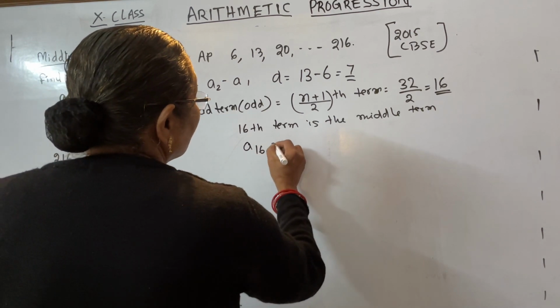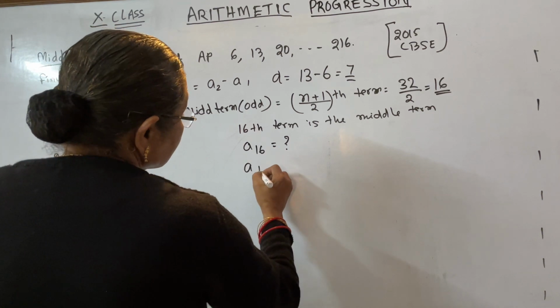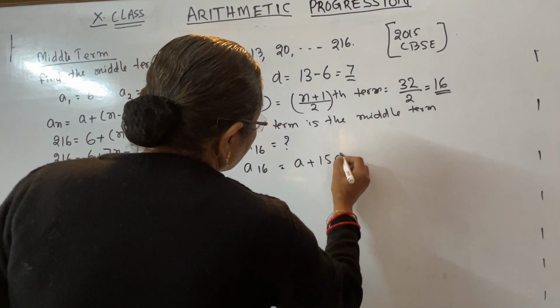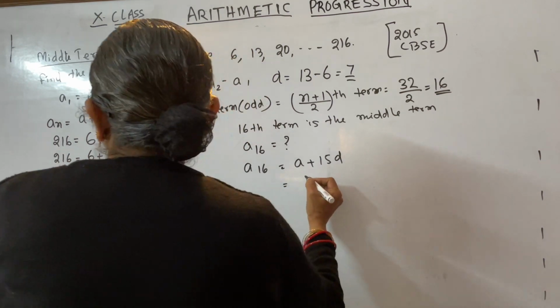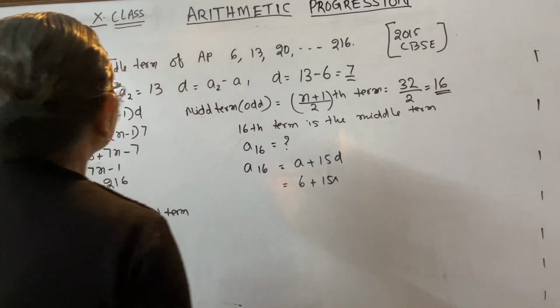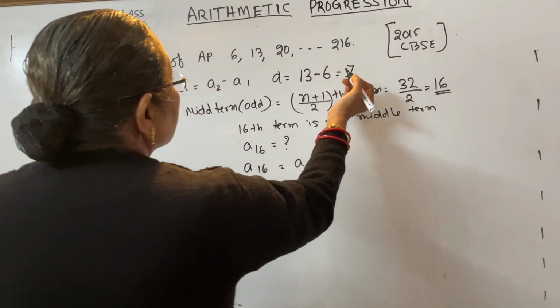A16 equals how much? We have to find A16 equals A plus 15D. A is our 6, plus 15 into D, which is 7.